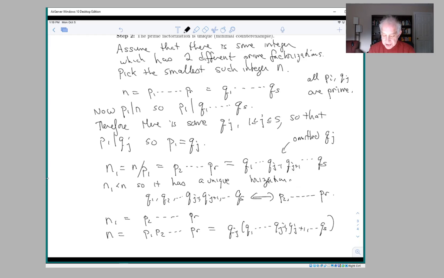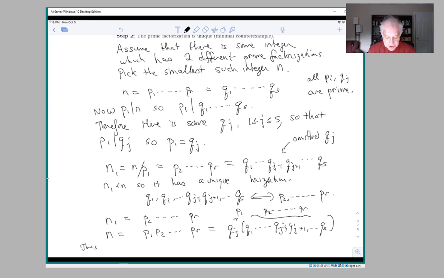And these are the same. And so we've actually shown that since this is actually equal to p1, and this is actually equal to p2 up to pr, we've actually shown that what we thought were two different factorizations are actually the same. And this is a contradiction. Remember, n was supposed to be the smallest number which didn't have a unique factorization, but now we've shown that in fact it does have a unique factorization.